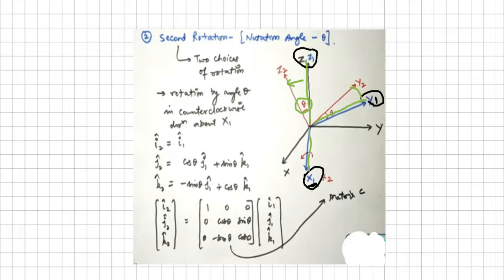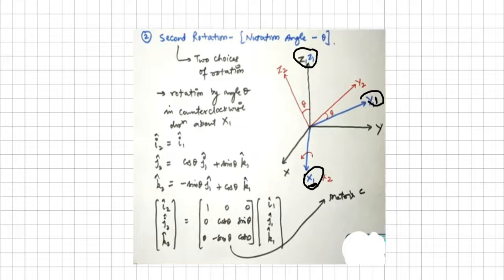The y1 axis will get transformed to the y2 axis, and the z1 axis will get transformed to the z2 axis. Am I clear? This kind of rotation is the second rotation, and we call it the nutation angle theta.